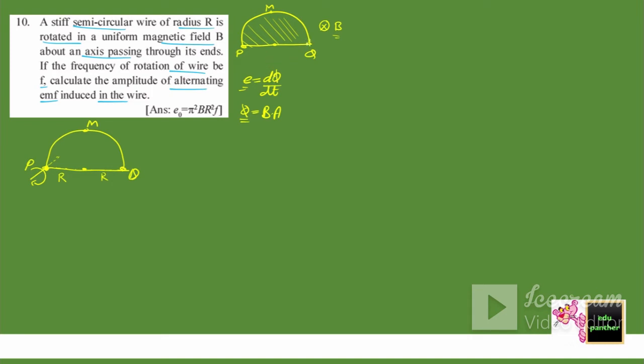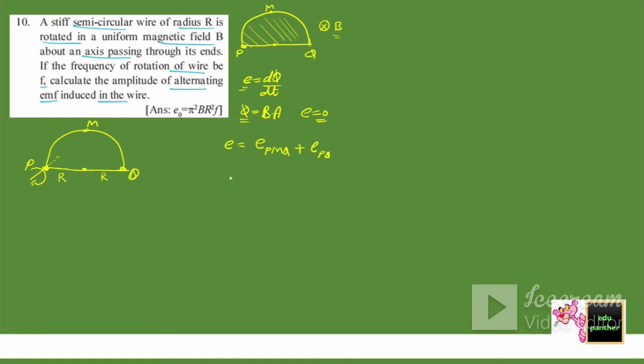Now you can open this. This complete EMF E can be written as EMF generated in PMQ part, that is this semicircular part, plus EMF generated in this straight wire, that is PQ part, and this total is 0, because there is no change in flux through this coil.